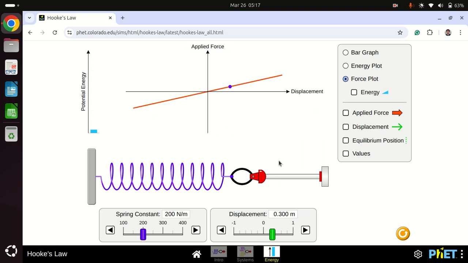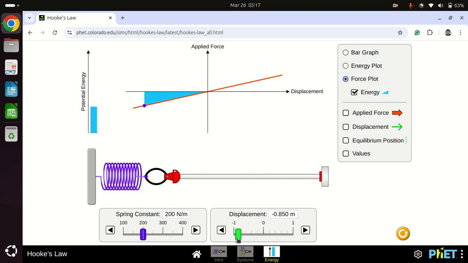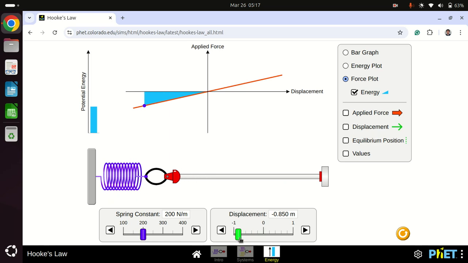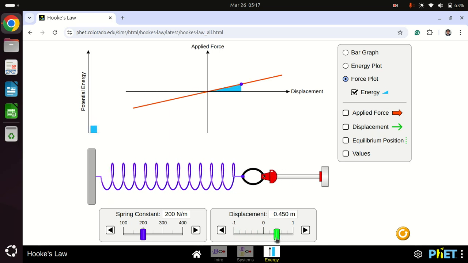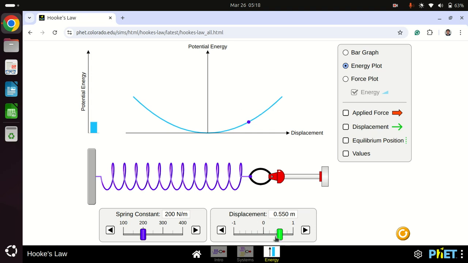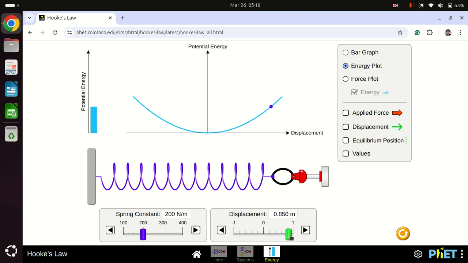Now we can have a force plot and an energy plot. Because displacement is directly proportional to the force, it is a linear line. And for energy it is not linear, it is a quadratic curve, because E is proportional to x square.